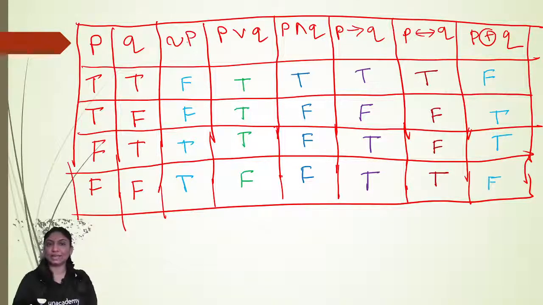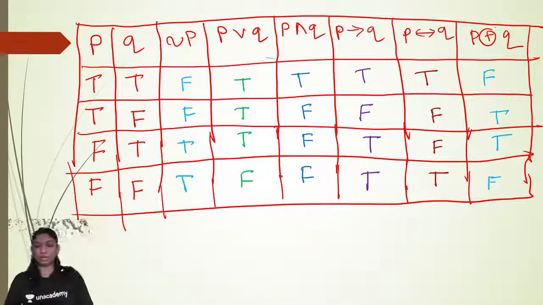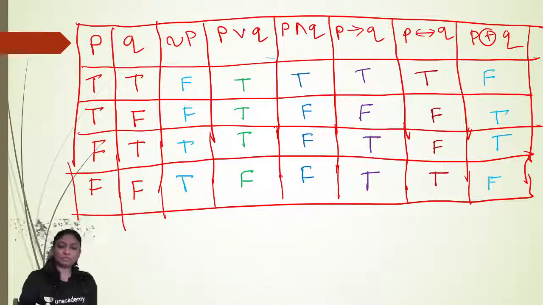Here we can see negation, disjunction, conjunction, conditional, biconditional, exclusive or. Okay, all the values of the truth table are given here. We will see how to solve the examples depending on this.